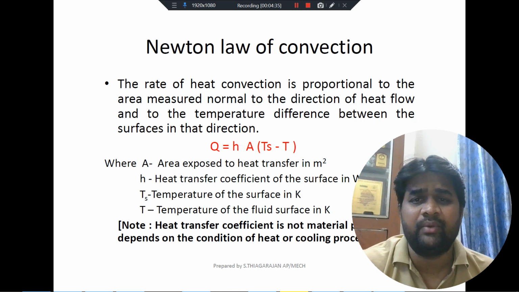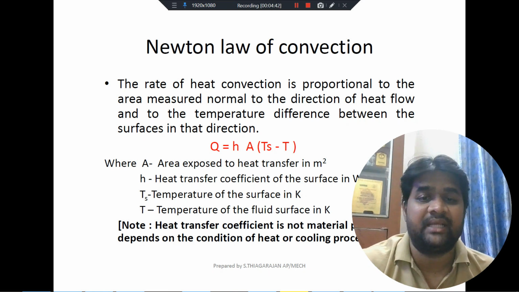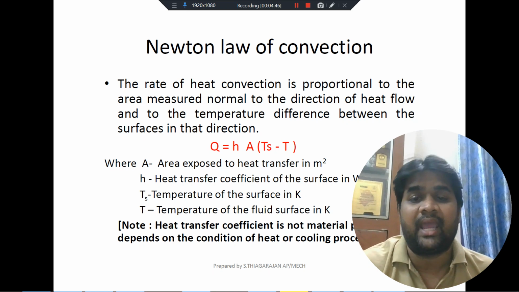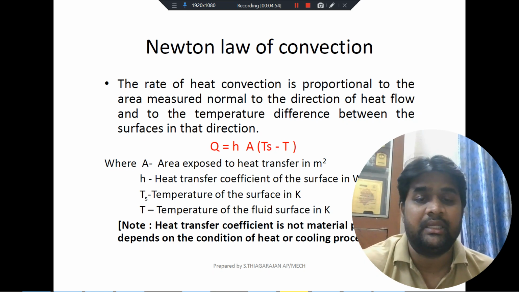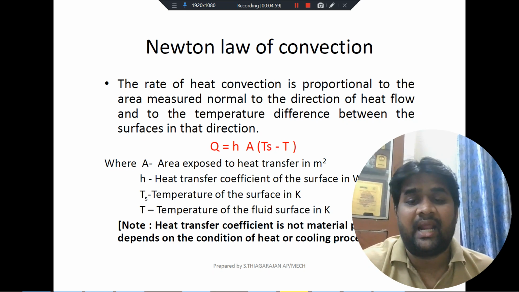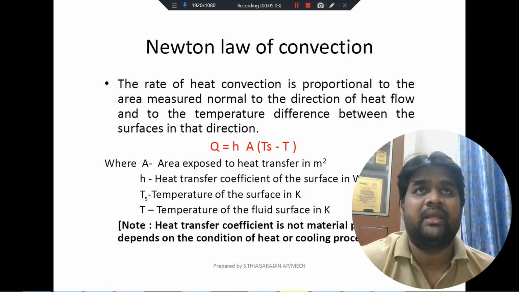The governing equation for convection is Newton law of convection. It states that the rate of heat convection is directly proportional to the area measured normal to the direction of heat flow and to the temperature difference between the surface and the fluid. It is denoted as Q is equal to hA delta T, that is Ts minus T infinity. The heat transfer coefficient h is a medium property.